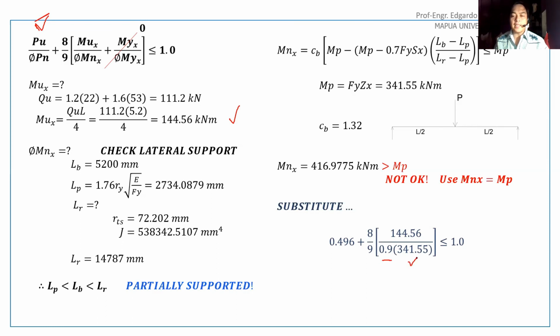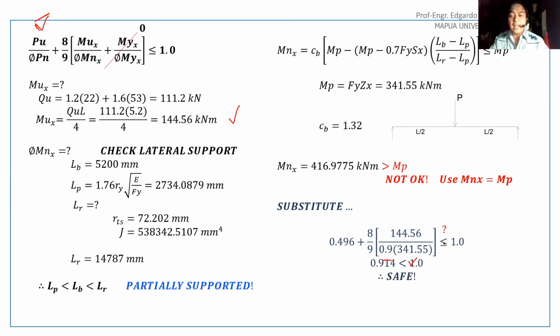Tapos yung MNX natin is equal to MP or plastic moment. And check whether the interaction equation value is less than or equal to 1. Calculating for the value, we got 0.914. 0.914 is less than 1, therefore, it is safe. So the chosen section for this beam column is actually safe.